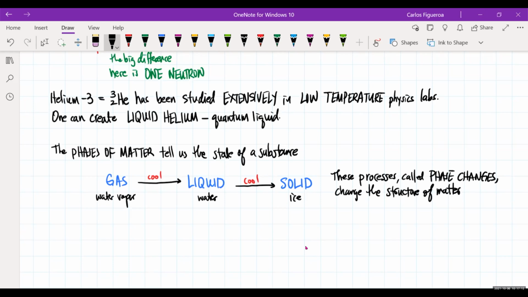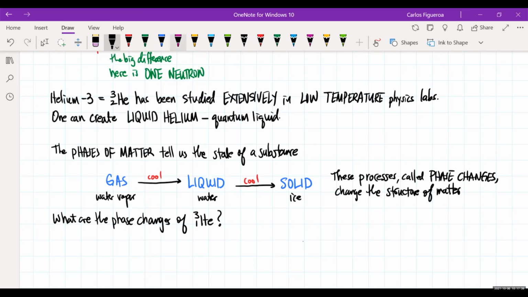Okay, so it changes the structure of matter, and you get that. Now we want to apply this to helium-3. So what are the phase changes of helium-3? Right? What are the phase changes?